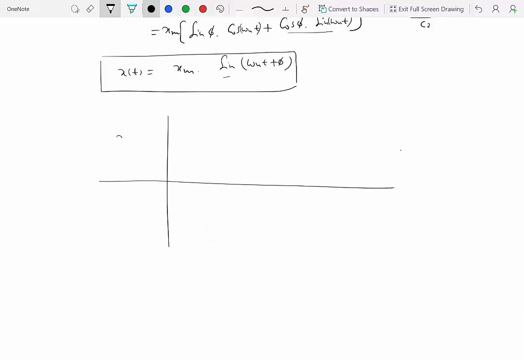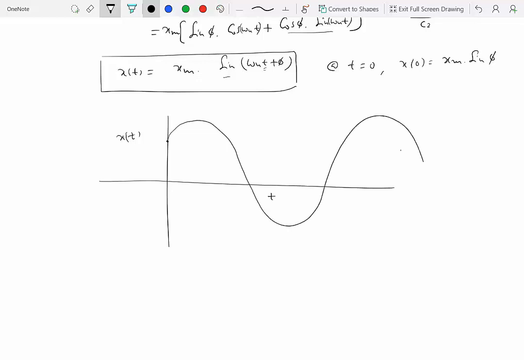If you plot x as a function of time, so t is on the x-axis, x is on the y-axis, we can see that at time t equal to 0, x is equal to x m times sine phi, right? So we have some non-zero value at time t equal to 0, and then after that it basically follows a sine curve, right? So you can draw a sine curve, and clearly it is oscillating because this is a sine function, right? And of course, it can go back in time as well, right? So this is the continuous sine function that we're looking at.